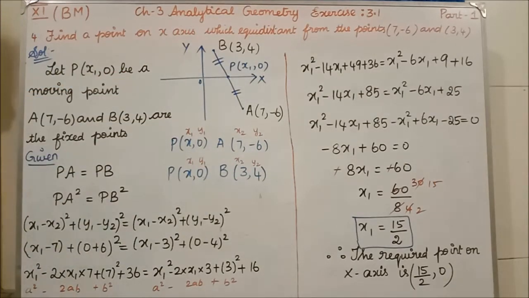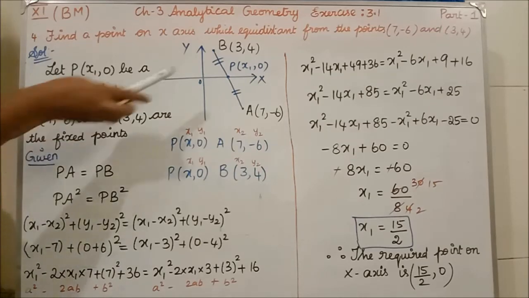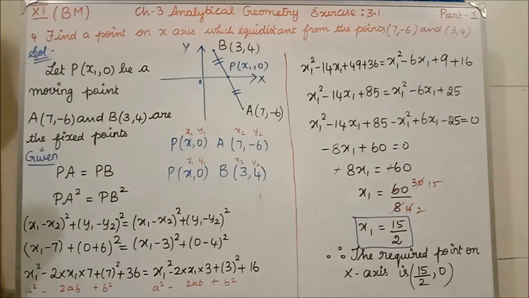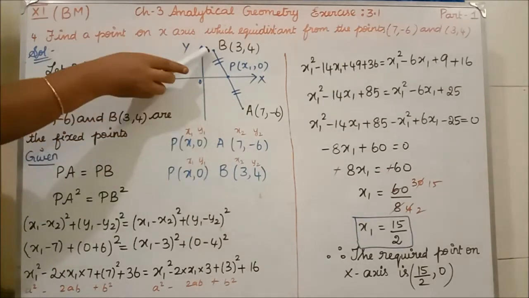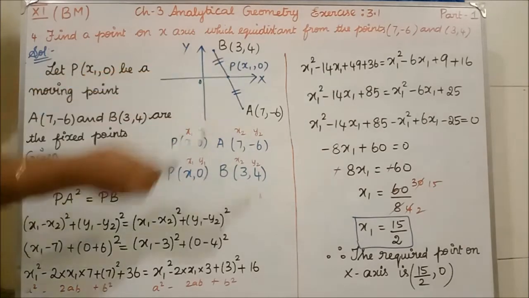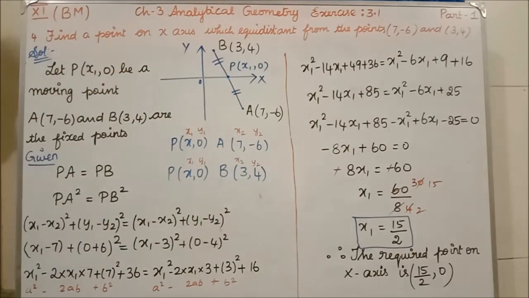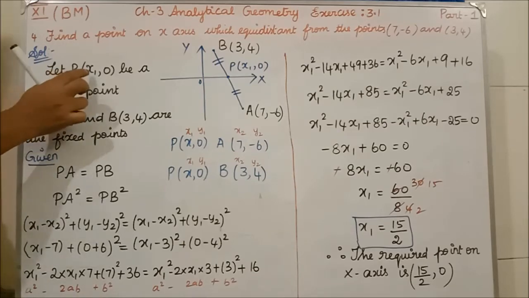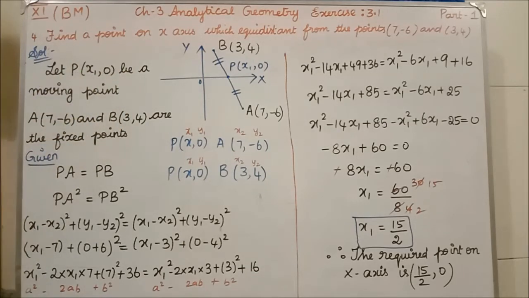That time y will be 0, as we are talking about the x-axis. So P of x1, 0 is the moving point, and the two fixed points are given. We have to find the point which is lying on the x-axis. Clear now the question? See, let P of x1, 0 be a moving point.